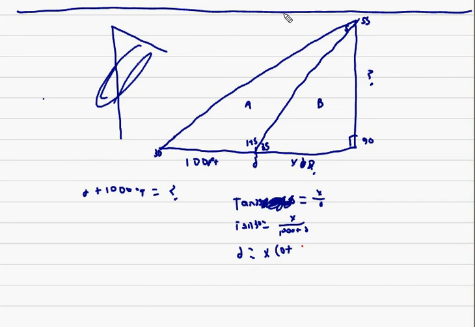Wait, no, this is X and this is D. So X plus 1,000 is equal to the distance times cotan of 30. So D times cotan of 35 equals D times cotan 30 minus 1,000.